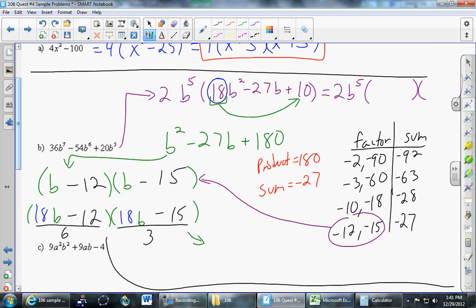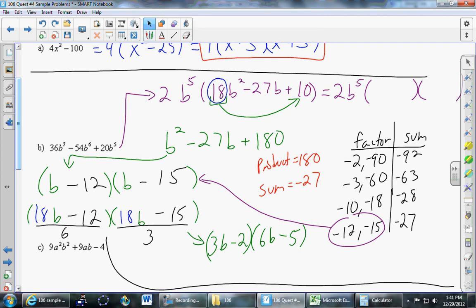So what we're left with, 6 into 18 gives me 3, copy the b. 6 into 12 is a 2, copy the minus sign. And then on the other one, 3 into 18 is 6, copy the b. 3 into 15 is 5. So we get 3b minus 2 times 6b minus 5. We're going to put those back into the original parentheses here. 3b minus 2, 6b minus 5.